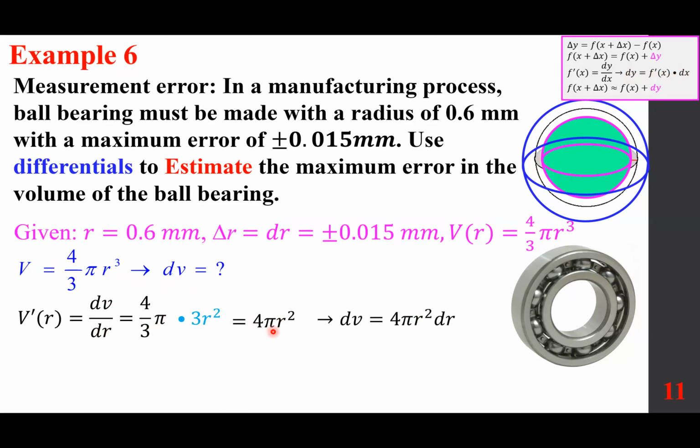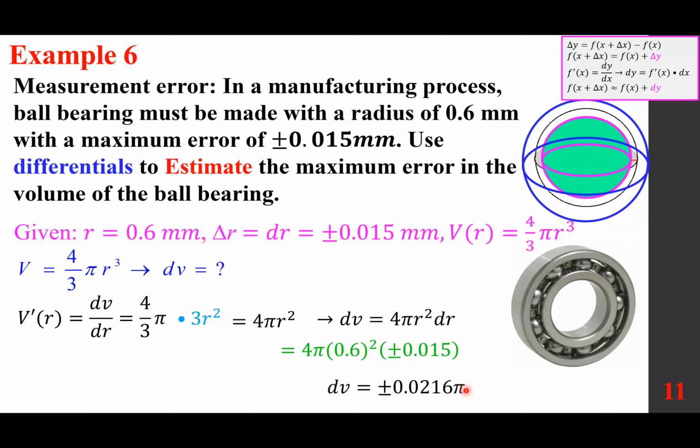Replace the r with 0.6 and dr with plus minus 0.015. We're going to square this number. We get 0.36 times 4 pi times 0.015, and we put a plus minus. And we get plus minus 0.0216 pi.